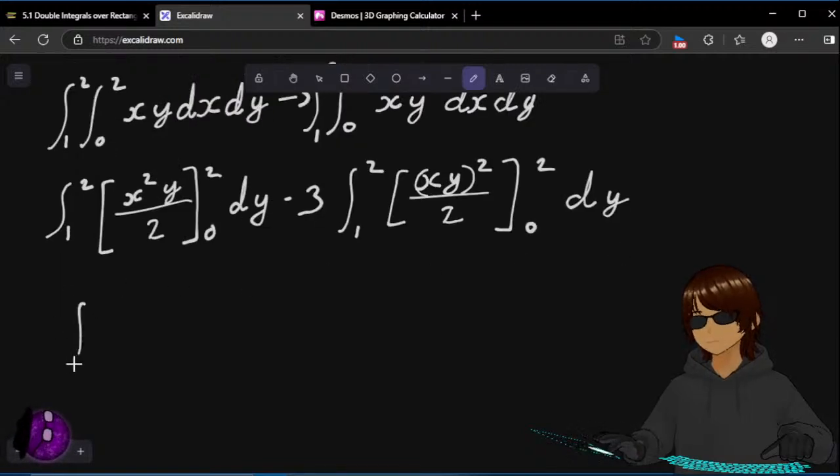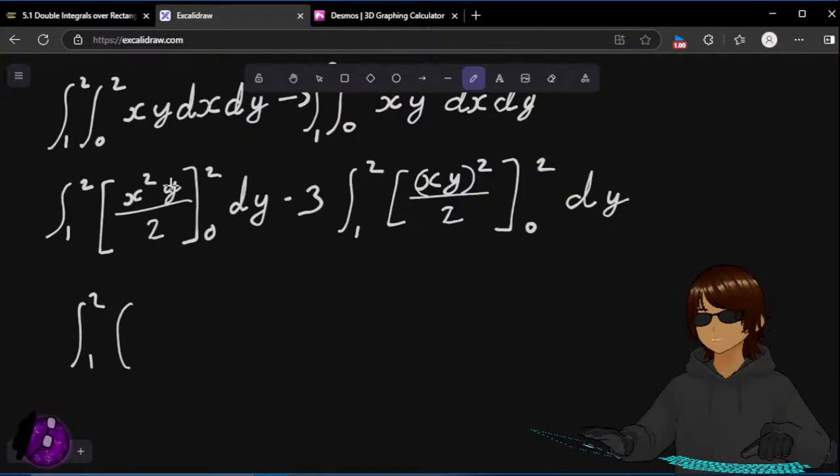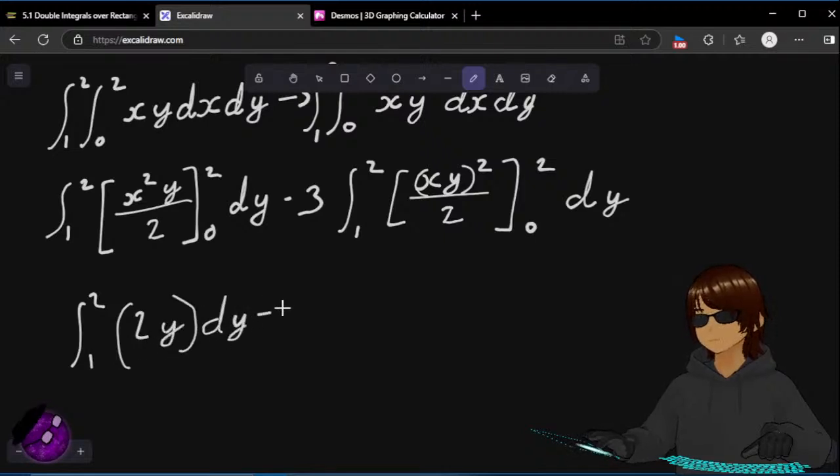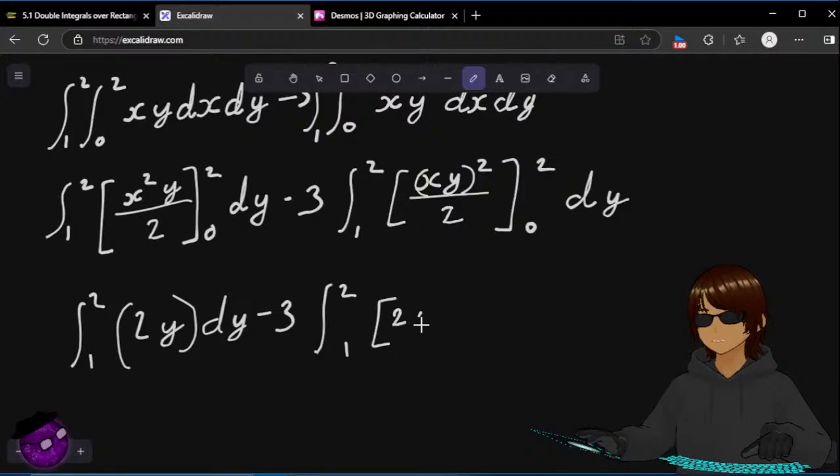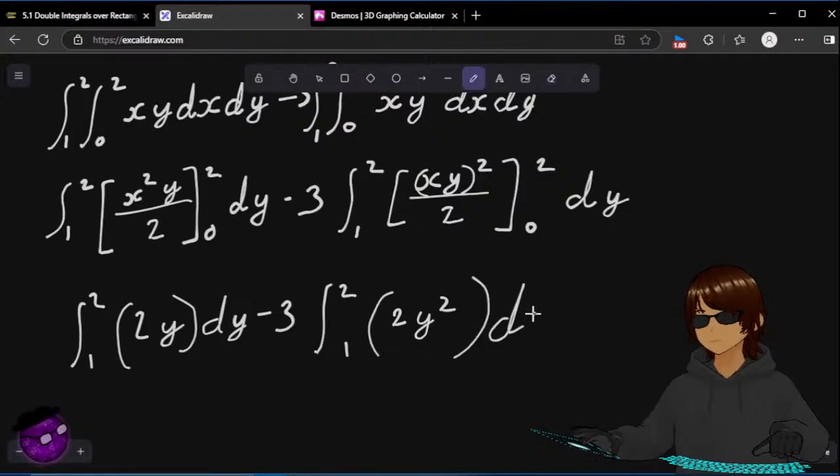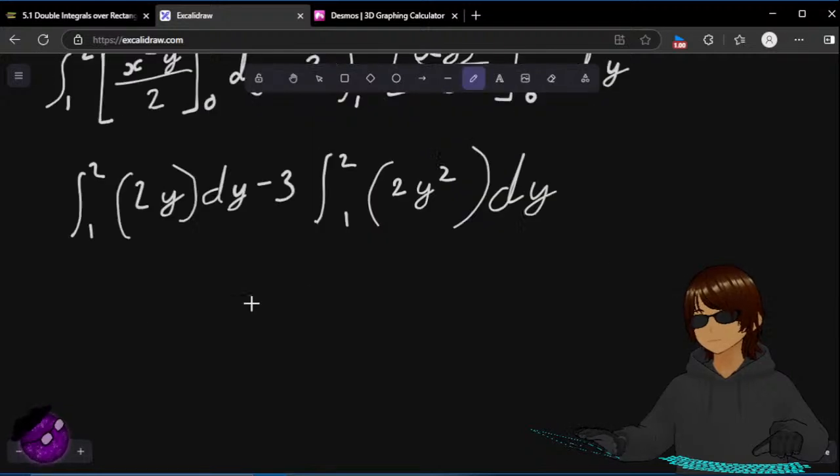And then if we plug in 0, all of this will be 0. If we plug in 4 over 2, we have 2y. 4 over 2 again, but this time 2y squared. From 2 to 1.